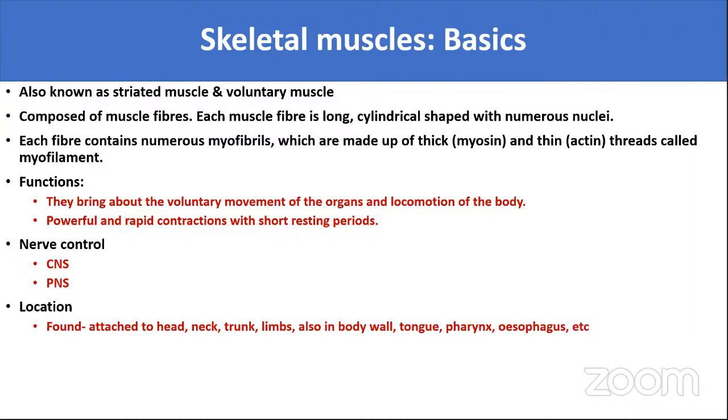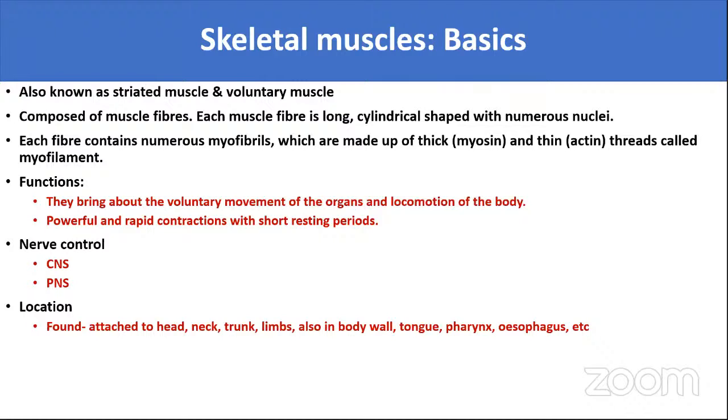If I want to move, I can move. With the help of these muscles, I can do the movement. Therefore, it is called the voluntary muscle. This cannot be applied for the cardiac muscle or the smooth muscles. Say for example, smooth muscles in the alimentary canal exhibit peristaltic movements.